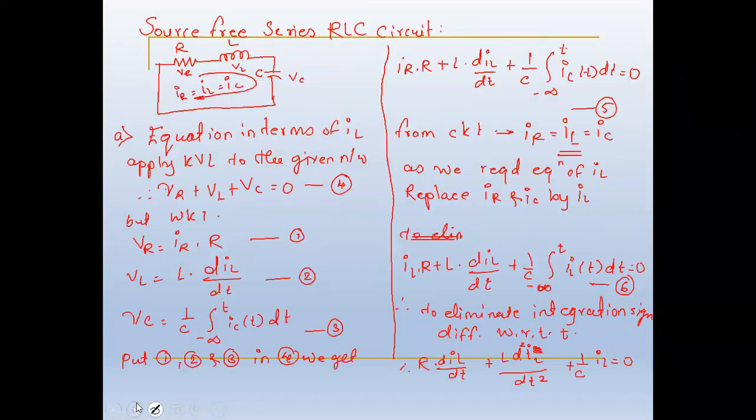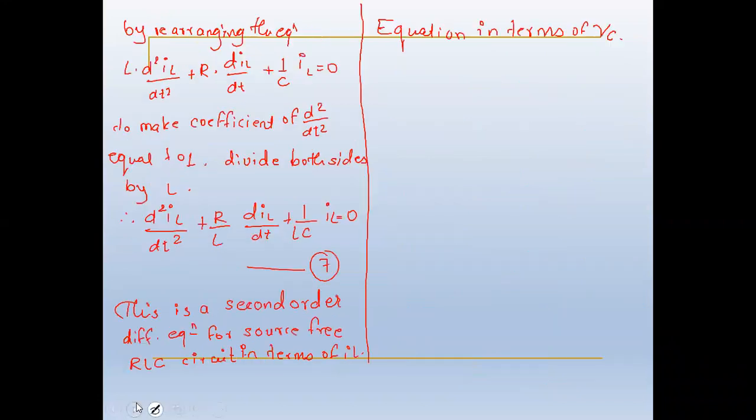What is the equation for VL we have written? It is L into dIL by dt. So we have to express every current in terms of IC, because what we are expecting is to identify VC. So the equation in terms of VC: consider the previous equation we have gone through.